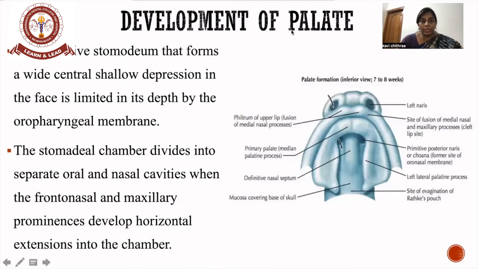Next we move on to the development of the palate. It is formed by the palatine process, the maxillary process, and the frontonasal process. There are two parts of the palate, the primary palate and the secondary palate.